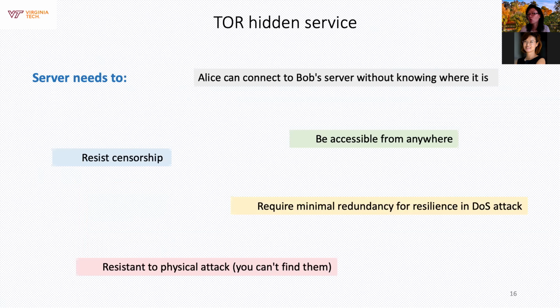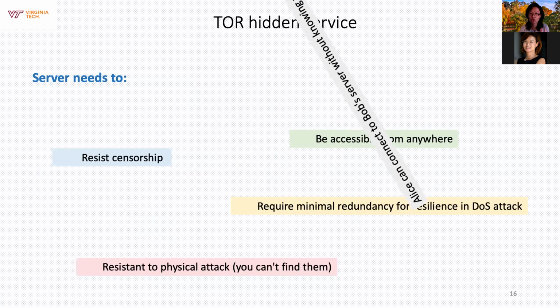If you don't know where the server is, you cannot burn it down, you cannot set it on fire, and you cannot block the URL, the IP, or the domain name. But this is the paradoxical part of the hidden service: the client needs to find it. So how can someone do it?